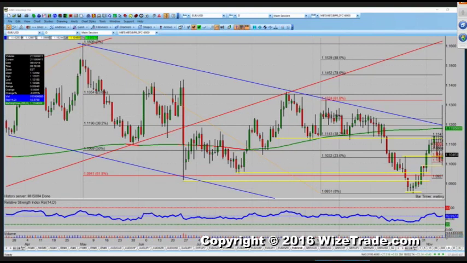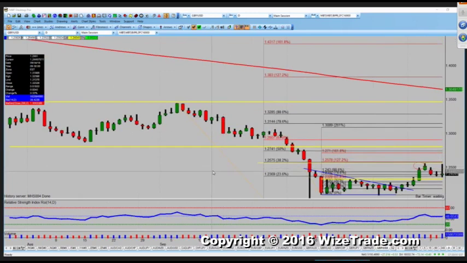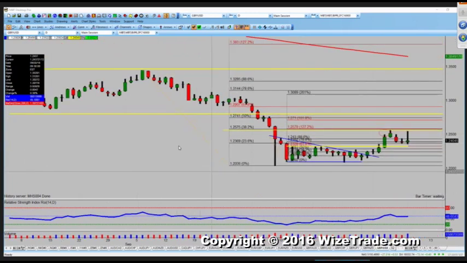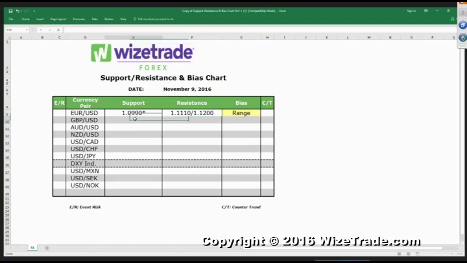Let's go take a look at the cable. The pound was confined to our ranges, wasn't it? Support 123.25, resistance 125.75, and I don't think we need to know anything much more than that. Right? 123.25, 125.75.